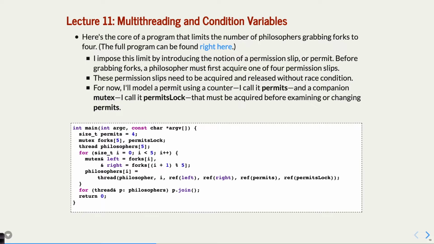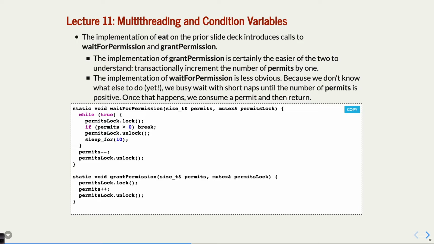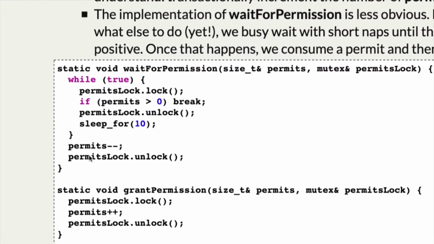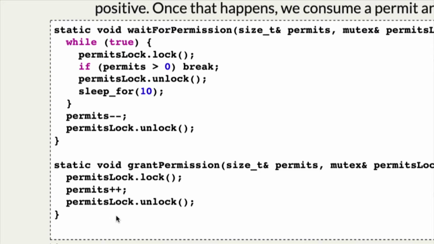Good question. Why do we need to lock the permits before we decrement or increment it here? Yeah, so let's say two threads end up stopping at exactly the same time, which would be possible, and trying to release their permit, right?